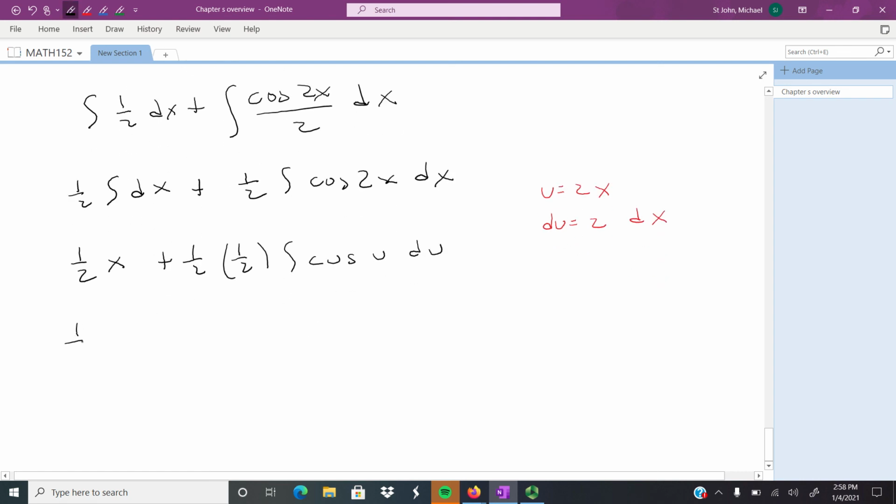So this will give us 1/2 x plus 1/4, and we integrate cosine and end up at sine.